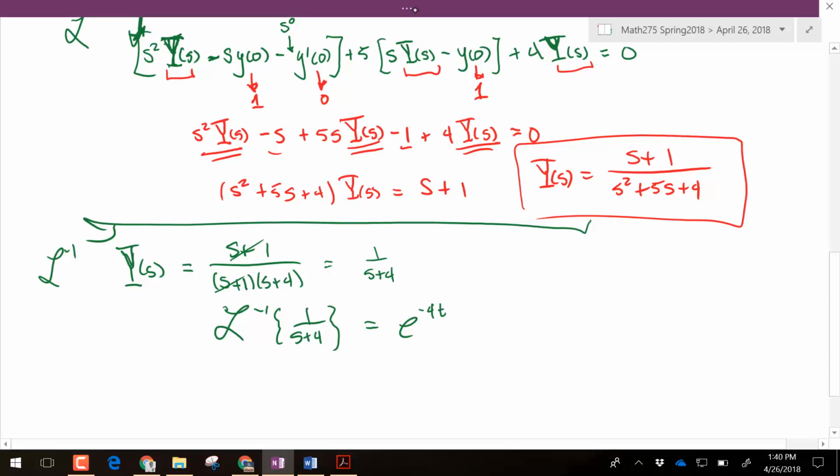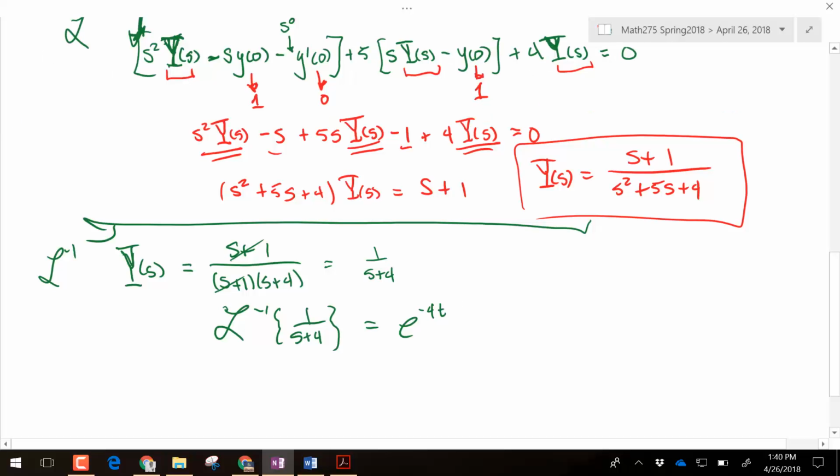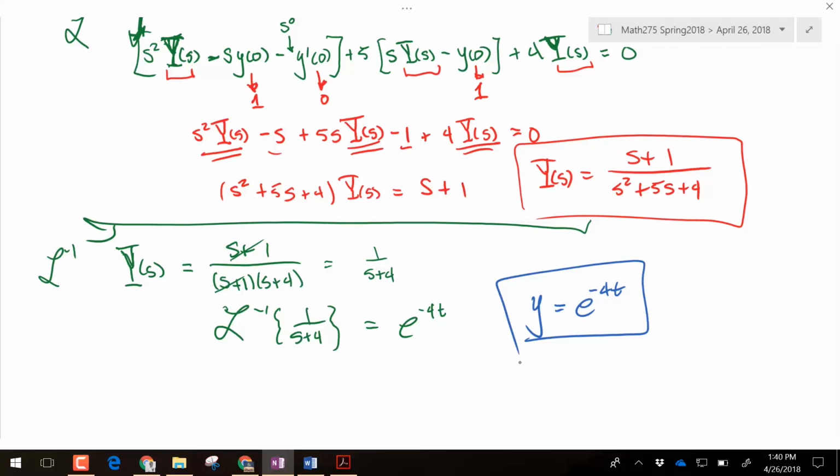So that's your solution. Back in the real world, your y is equal to e to the negative 4. Well, we have those initial conditions, and so the initial conditions might have produced a C1 equal to 0 or something like that, C2 equal to 0. So the initial conditions probably made some of those disappear.